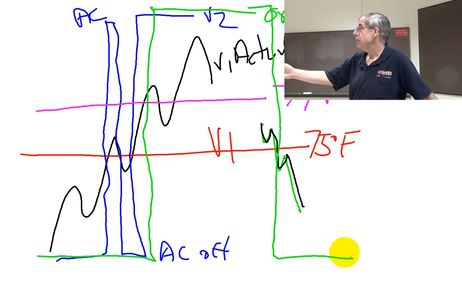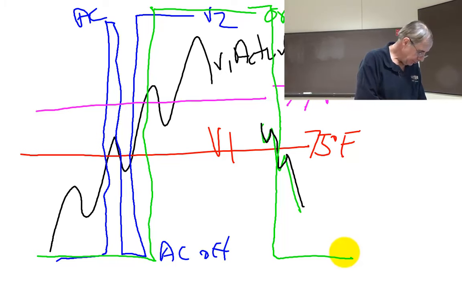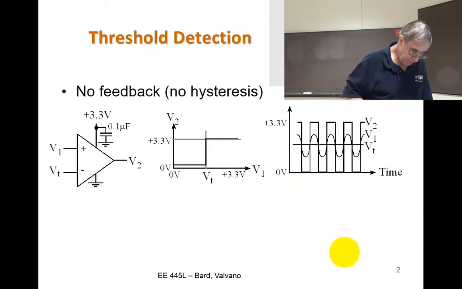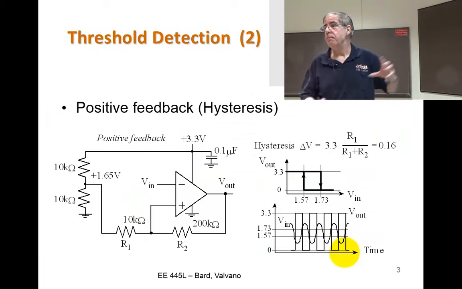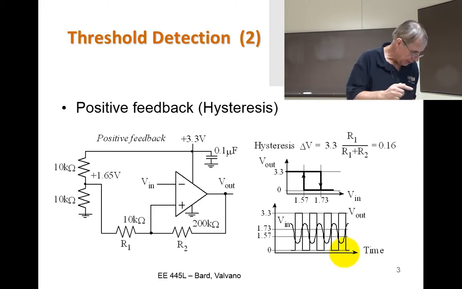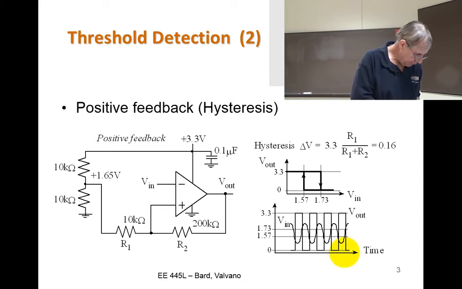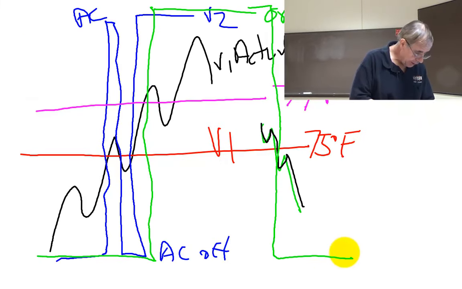But now we've got to build it. Okay, we've got to build it. The way we're going to build it is with positive feedback. Okay, the positive feedback is going to allow us to create this activity.